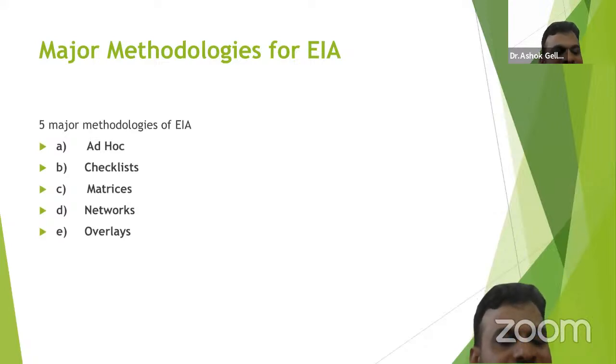All these are considered in the checklist method. A typical checklist might contain earth components, water, atmosphere, flora and fauna, land use, and recreation and cultural activities. All these are included in the checklist.